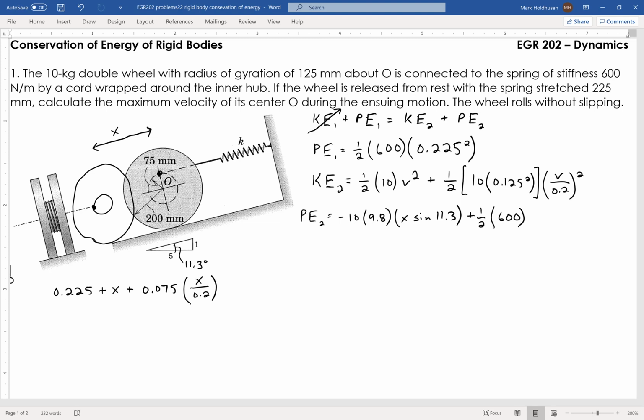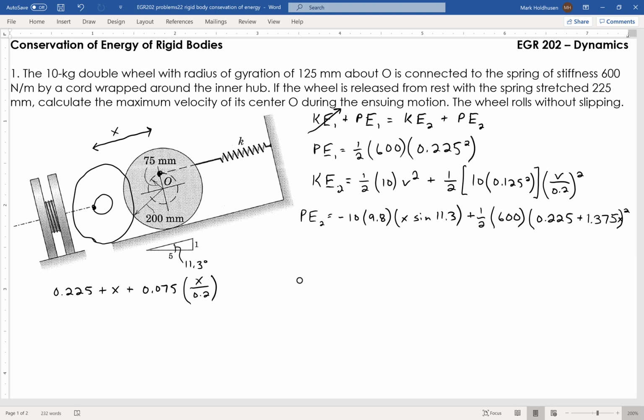Combining the x's to clean things up, it's the initial stretch plus 1.375 times x, squared. That is the new stretch in the spring, and that's the final potential energy.